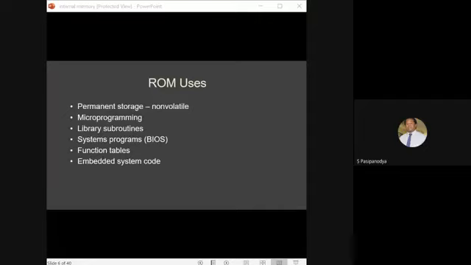And when we look at it from a programming perspective, we're then saying it is advantageous because you don't necessarily then need to constantly make sure that your information is stored, because it will already be available and it will already be permanent. So some examples where we use ROMs include in microprogramming, storing library subroutines, example on hardware, in storing your system's programs, for example, your BIOS, in storing function tables.